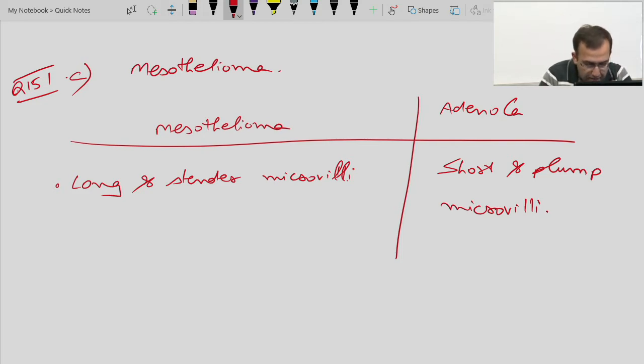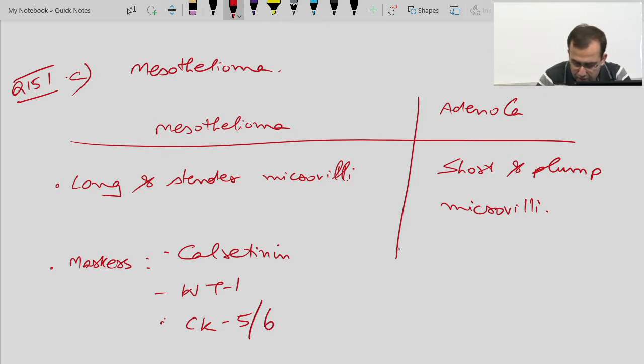Next point, markers. Mesothelioma is calretinin, WT1 and cytokeratin 5 and 6 positive.